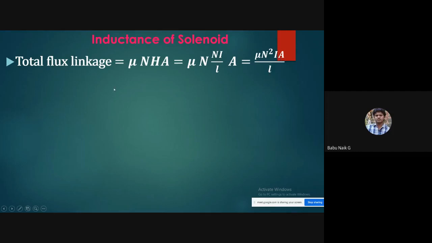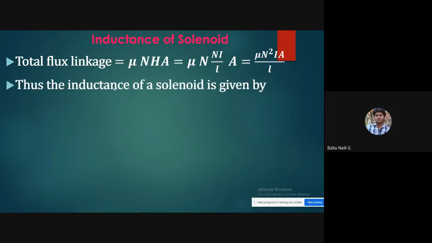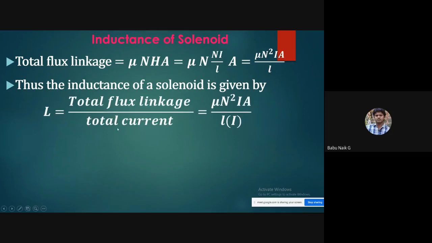So we need to calculate the inductance of that solenoid. We know the formula: inductance is the total flux linkage over the total current, right?